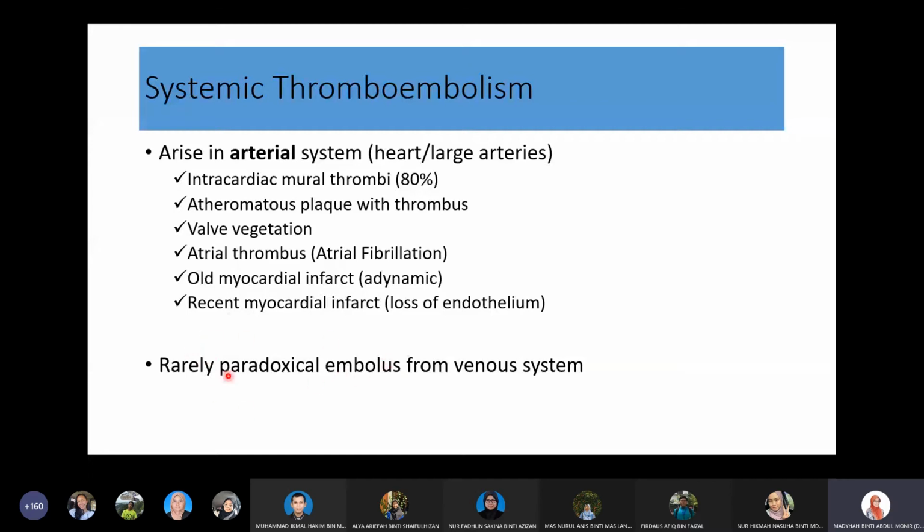What does paradoxical embolus mean? In systemic thromboembolism it is usually from the arterial side, but this is rare, and we call it paradoxical embolus because the dislodged thrombus comes from the venous circulation.